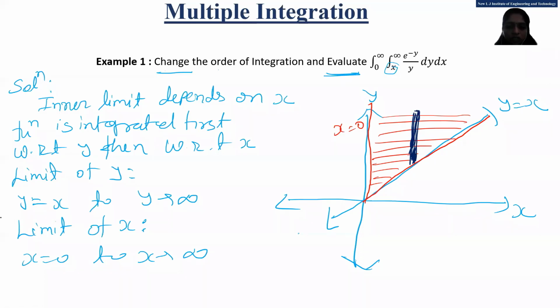See, you may check your starting point y equal to x. Y tends to infinity. This is your origin, starting from x is 0 and up to infinity, right? So in this region, there is only one point of intersection, and that is the origin. So you may write like this: point of intersection.